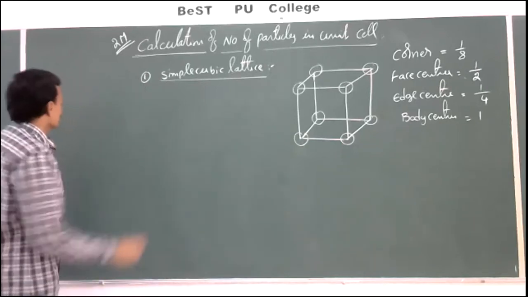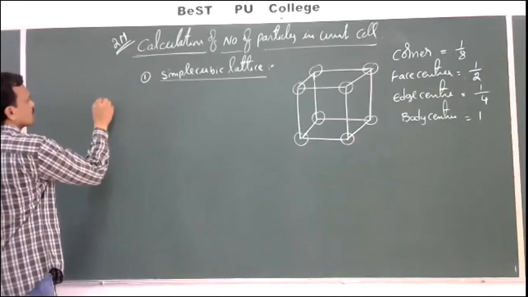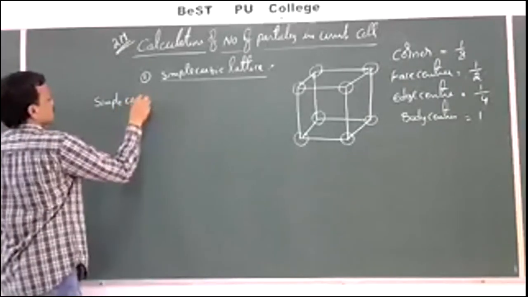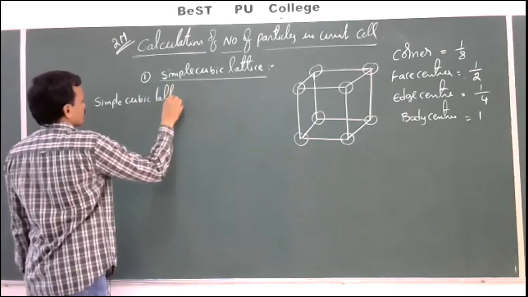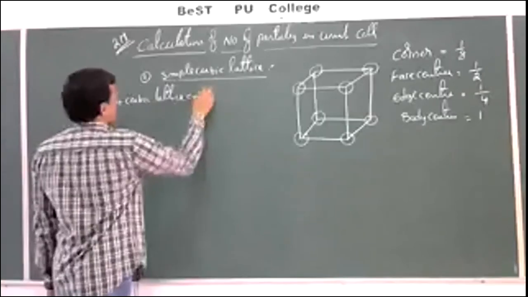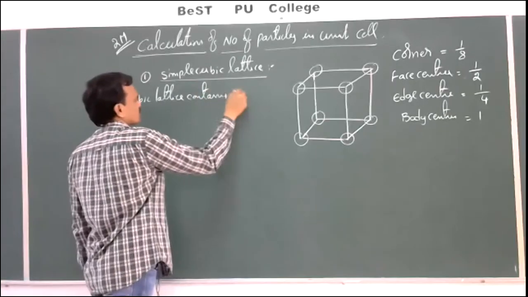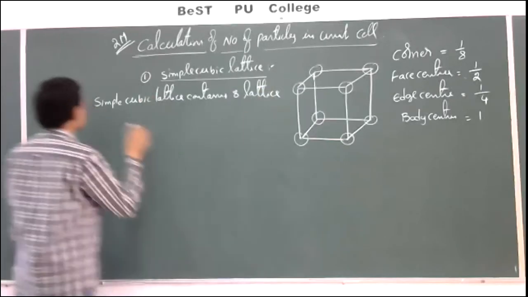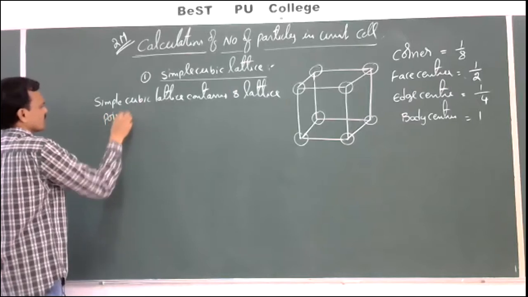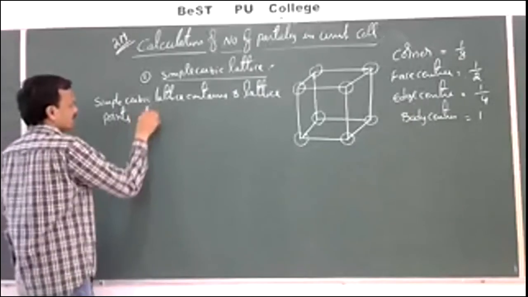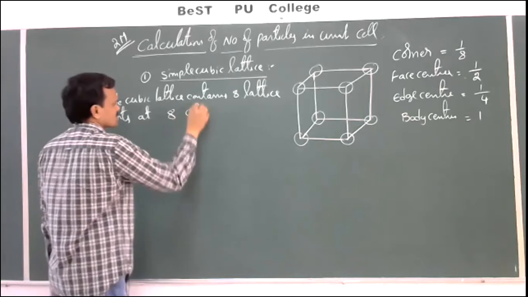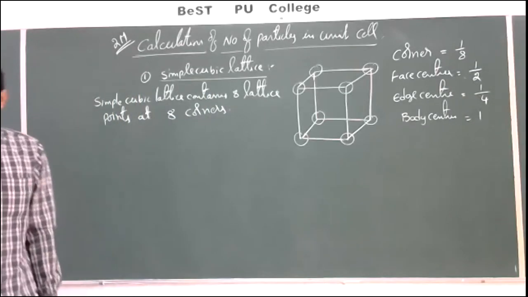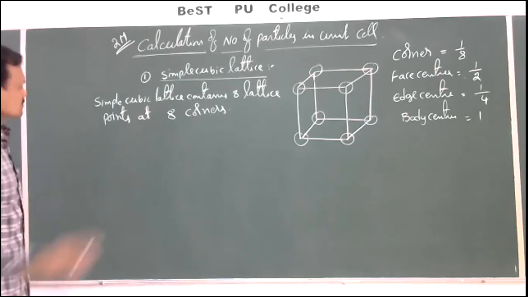Therefore, a simple cubic lattice contains 8 lattice points. 8 lattice points are present at 8 corners.